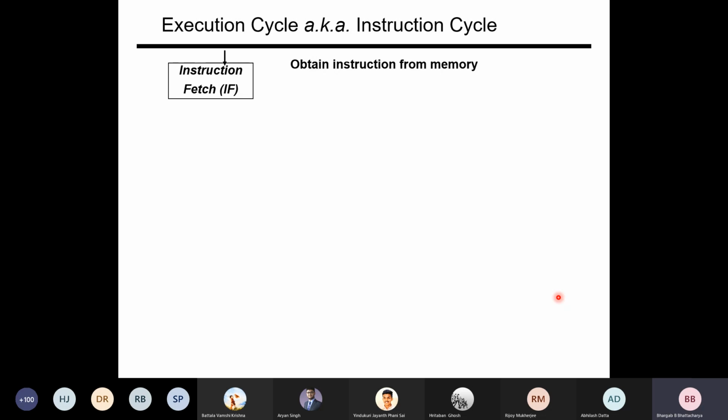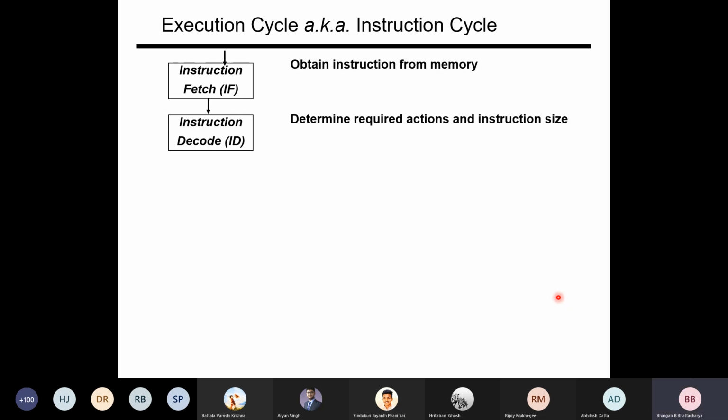So the first step is the instruction fetch from memory. So what actions are to be taken here? The program counter is loaded with the address of the instruction. That address is floated onto the address bus. The memory receives that address, decodes it, and locates the particular location corresponding to that address, retrieves the memory content, and passes it back to the processor side through the data bus, into the instruction register.